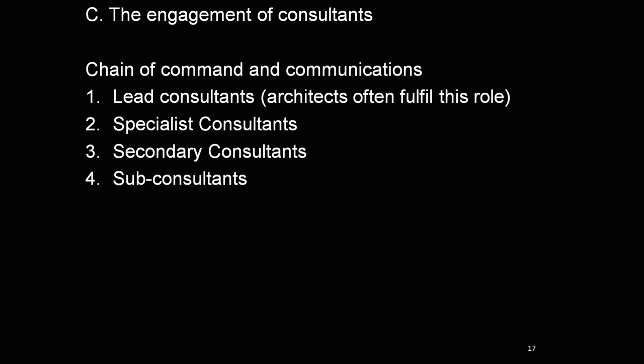If you think back to last week's lecture, we've got a continuous line between the client and the consultant, which makes them a secondary consultant. But the communications go through the lead consultant. Sub-consultants are contracted by the primary or lead consultant. So the difference is that secondary consultants have a contractual arrangement to provide services directly with the client, whereas sub-consultants are hired by the lead consultant or the architect.